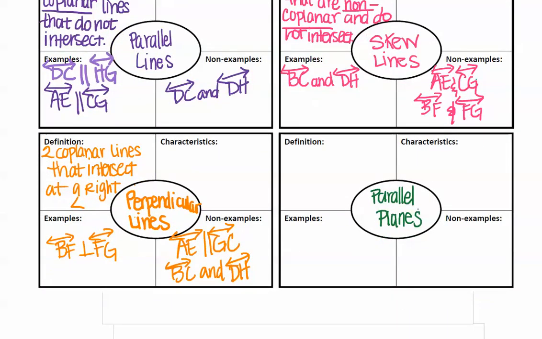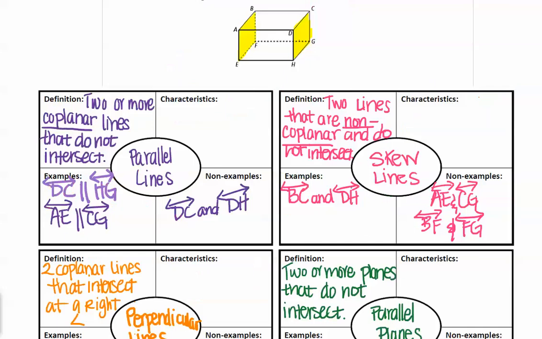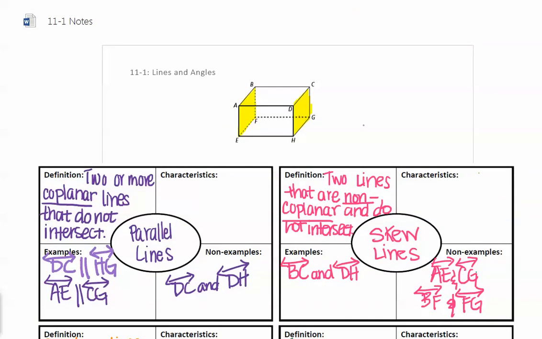Okay, so the definition would be two planes, two or more, it could be more. Two or more planes that do not intersect. Okay, so remember to name planes you use at least three non-collinear points.